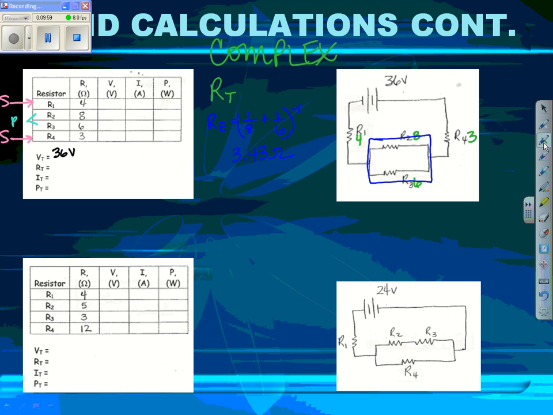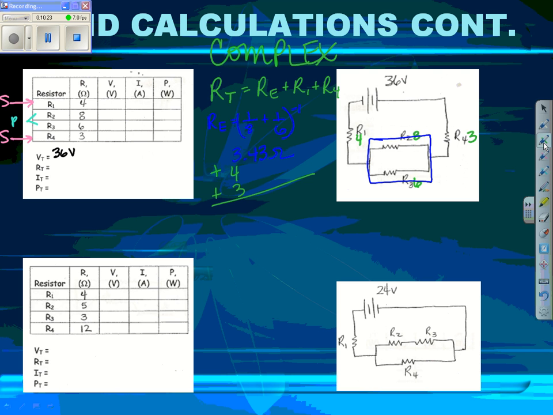I'm going to then take that number, because my RT is going to be my equivalent resistor plus R1 plus R4, because now those are in series with each other. So I'm going to take this 3.43 plus resistor 1 is 4 ohms, plus my resistor 4 is 3 ohms.